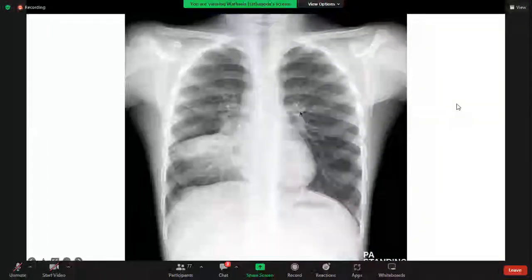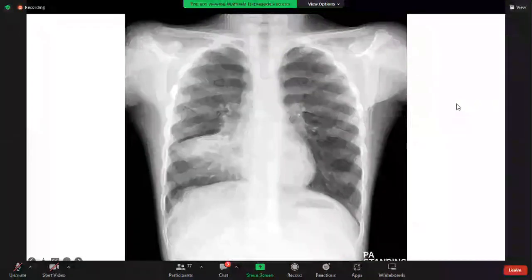Yes, Putta? Tell me, what do you see here? Here some peribronchial thickening is there, but you can't see homogeneous opacification on the left side. But what about the right side?